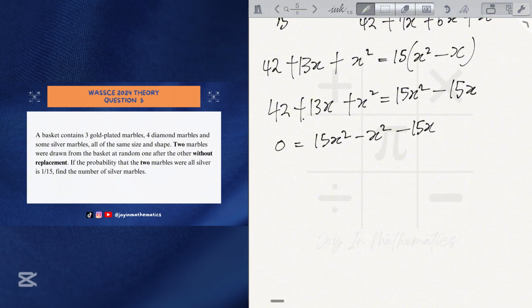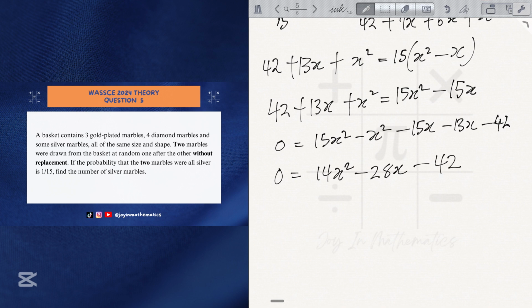If we bring this over, we'll have minus 13x, and if we bring 42 over, we'll have minus 42. So in view of that, we'll have 0 is equals to 14x squared minus 28x minus 42.